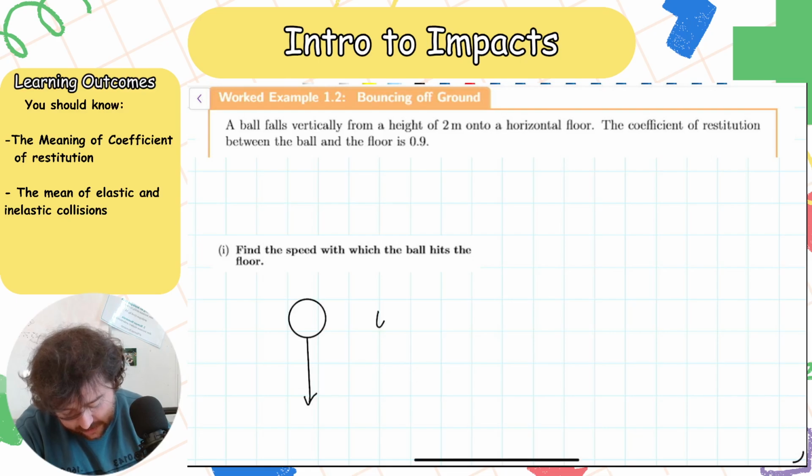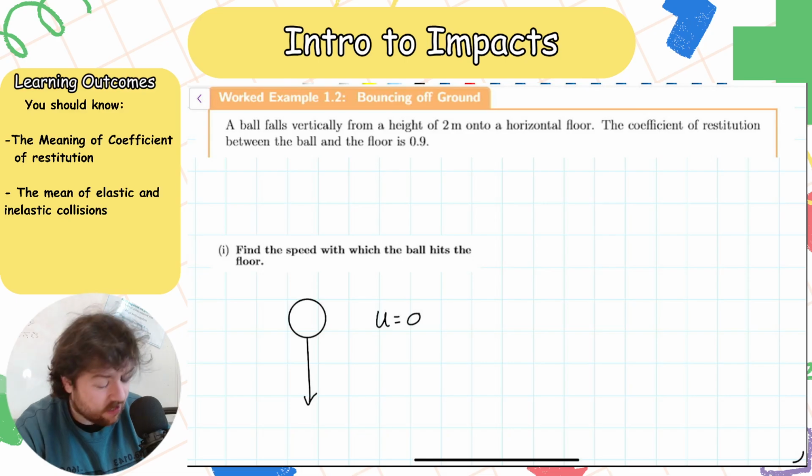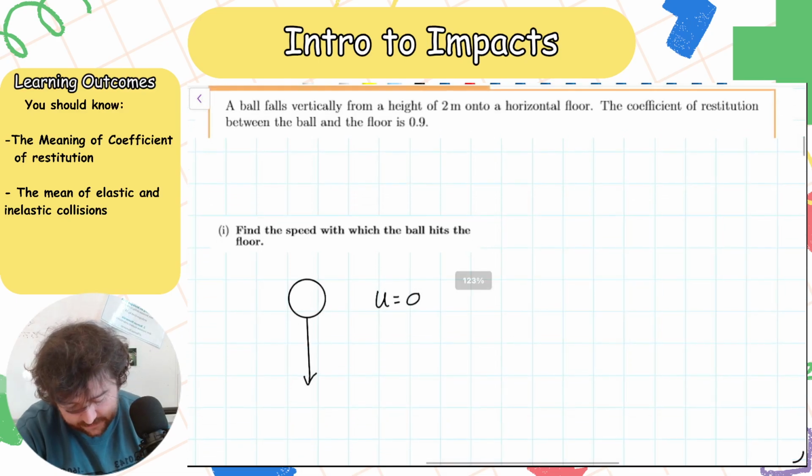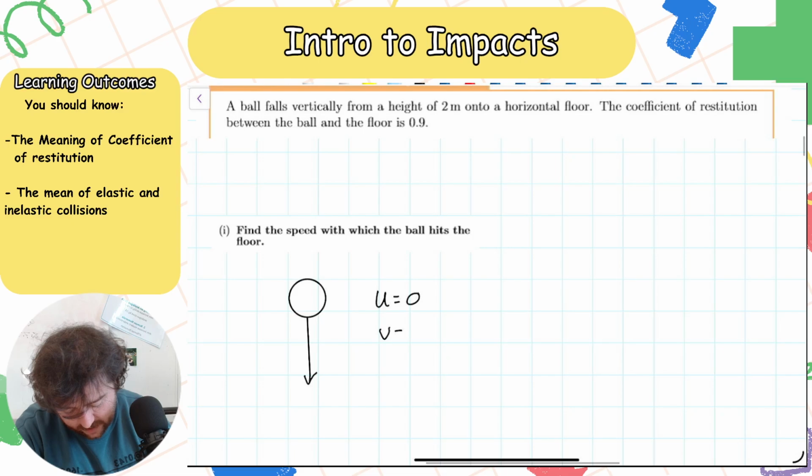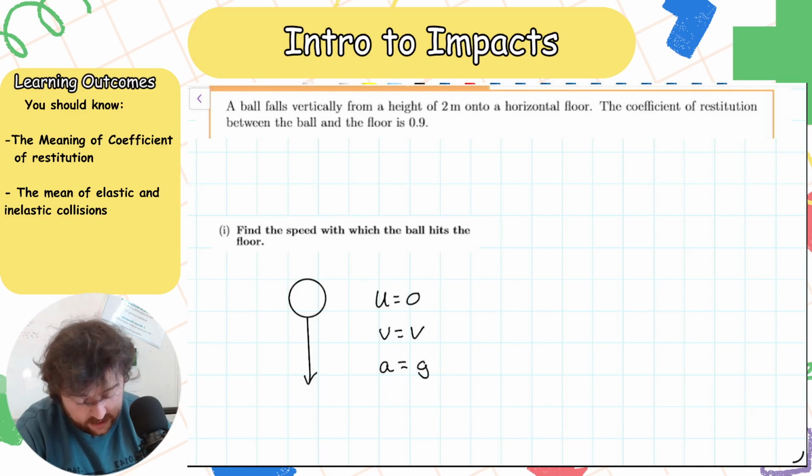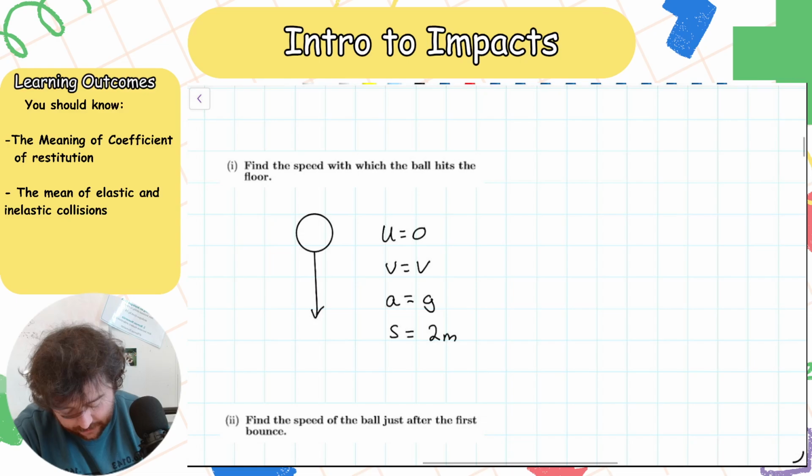Its starting speed is 0 because it falls from rest. V is what we're trying to calculate. The acceleration, well, it's falling vertically, so my acceleration is just going to be gravity, g, and my displacement is equal to 2 meters.